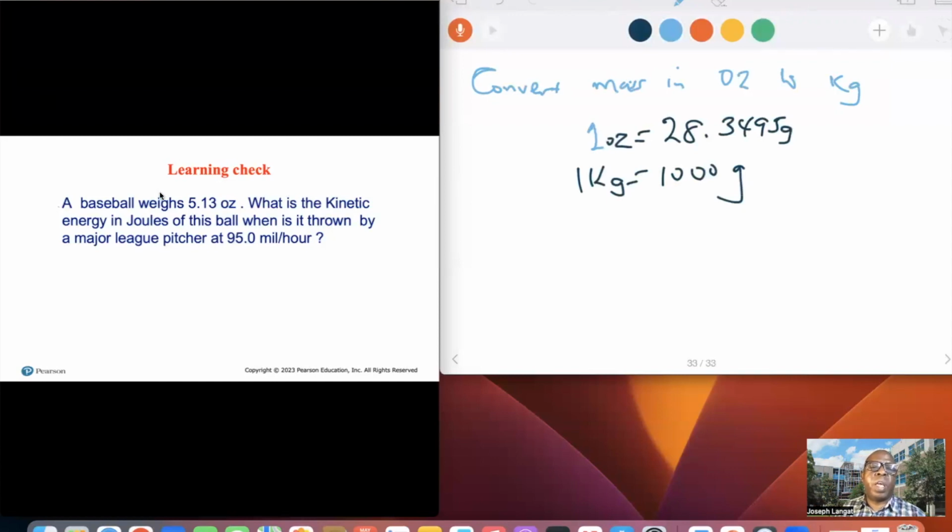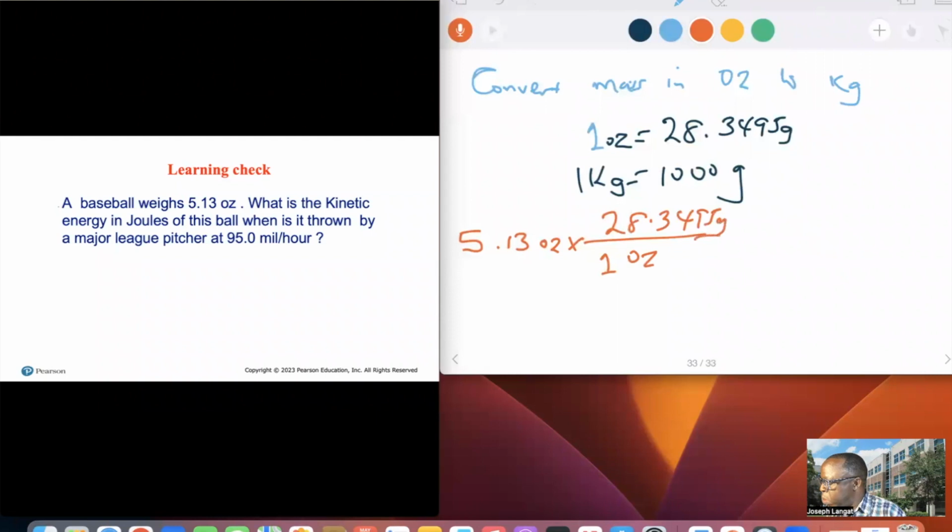We need to convert this to kg, so when we set this up, it's going to be 5.13 ounces, with ounces at the bottom, since we are looking for kg, times 1 kg over 1,000 grams.